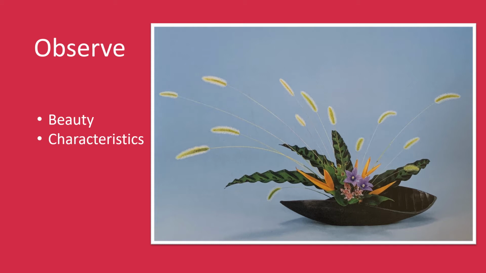In this arrangement by Professor Noda, he fell in love with the foxtail grass, and that's what he wanted to arrange first. He arranged it in a radial way, which means like it's floating in the environment. It's going with the wind.